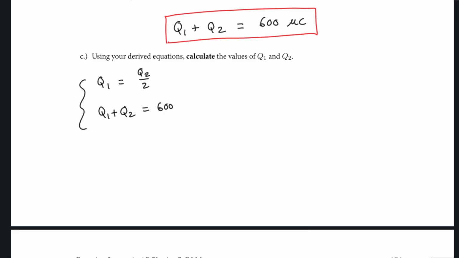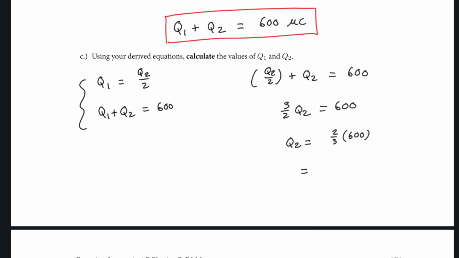Well, you are just begging to be substituted. So I am going to replace Q1 with Q2 over 2. Then we get 3 halves Q2 is equal to 600. So Q2 is just 2/3 of 600, which would be 400 microcoulombs for Q2.